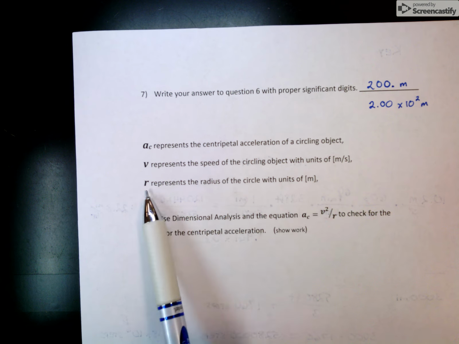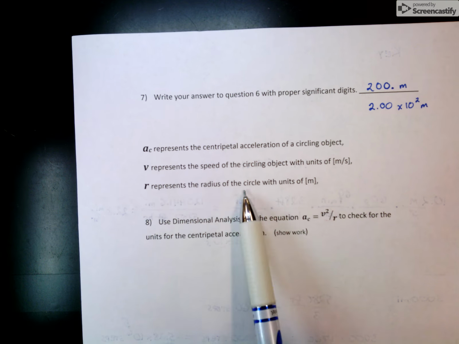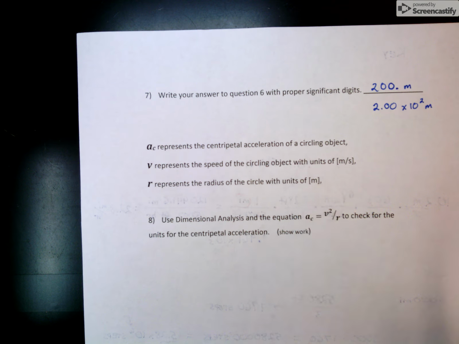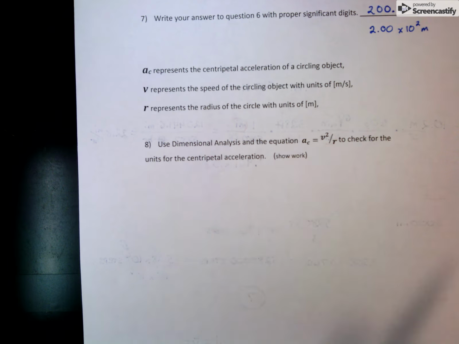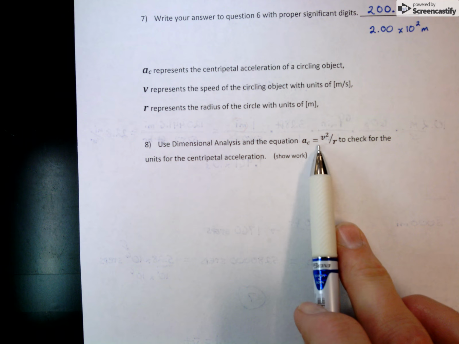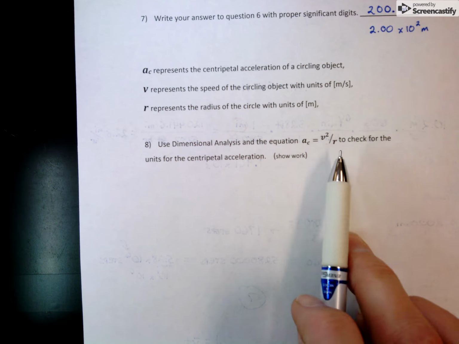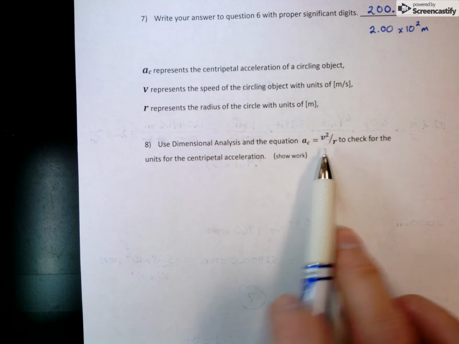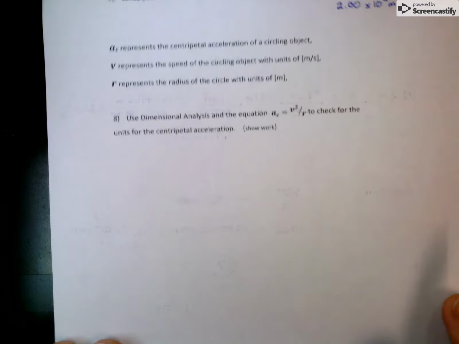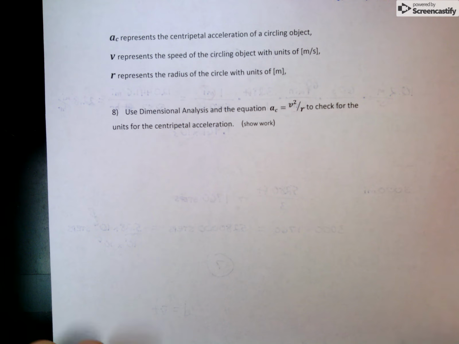And then lowercase r represents the radius of that circle, and that has units of meters. So we're going to use dimensional analysis and this equation, which says a_c equals v squared over r, to check for the units of centripetal acceleration. So what do we think those units are? There's a couple ways to do this. I don't want to belabor the point here, so we'll try and go through it fairly quickly.